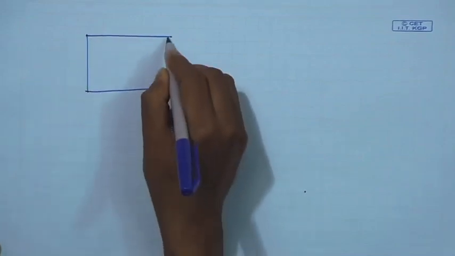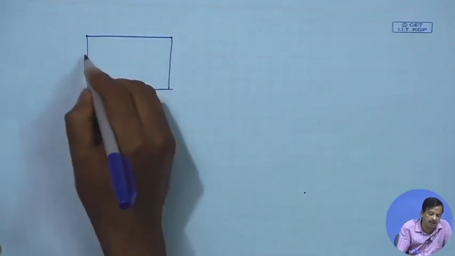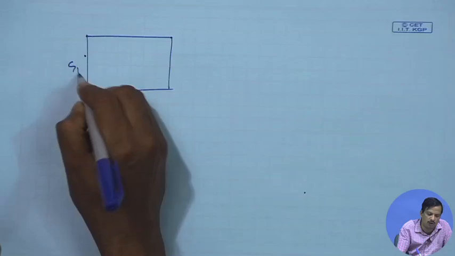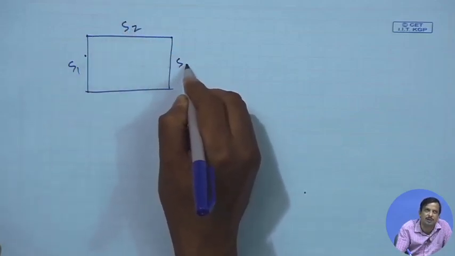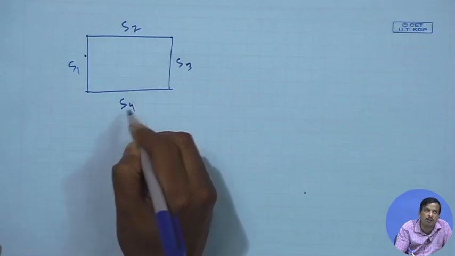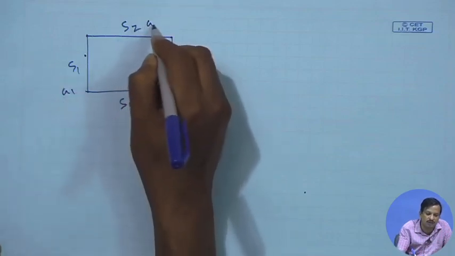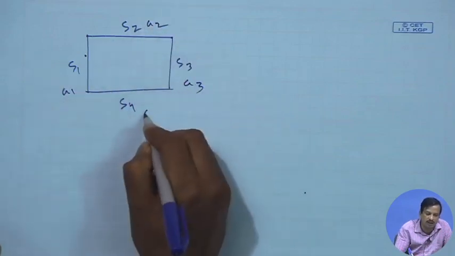Suppose I have a room. The area of this surface is S1, the area of this surface is S2, this is S3, and this is S4, and the absorption coefficients are A1, A2, A3, A4.